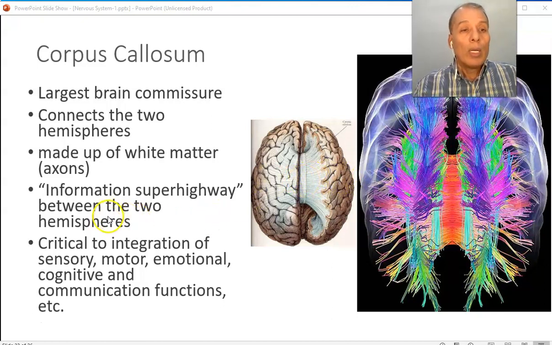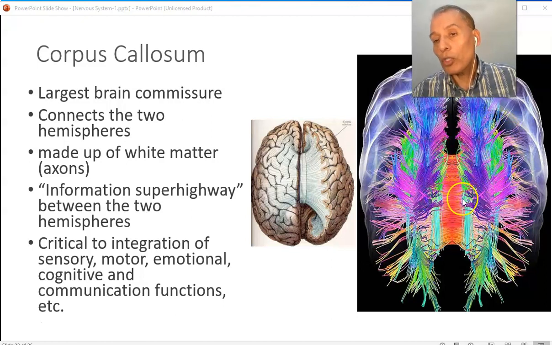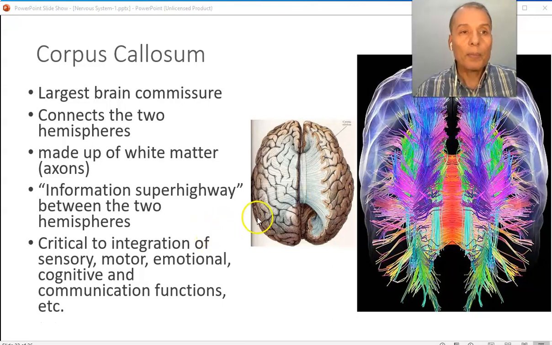So it is the biggest highway for information between the two hemispheres. It is central for the integration of sensory, motor, emotional and cognitive functions, and for sharing all kinds of functions between the right and left hemispheres.